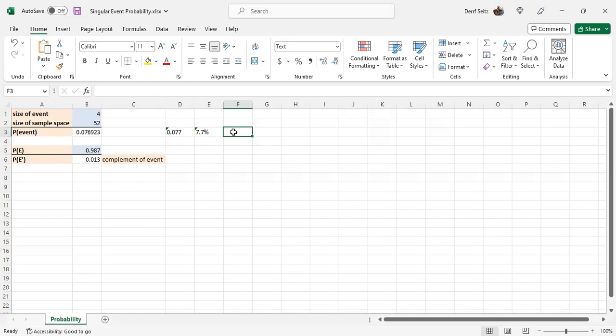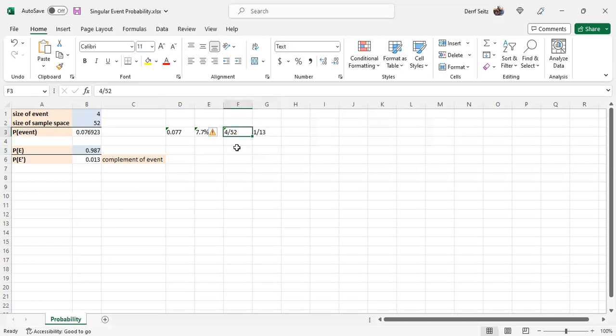Alternatively, we can represent this probability as a fraction, 4 over 52. One other alternative is to reduce that fraction. 4 over 52 is the same as 1 over 13. 1 over 13 is actually, although it's simpler as a fraction, we lose some information there.